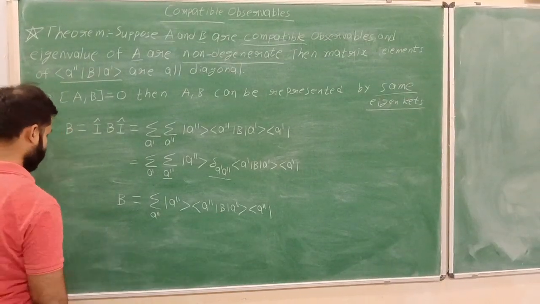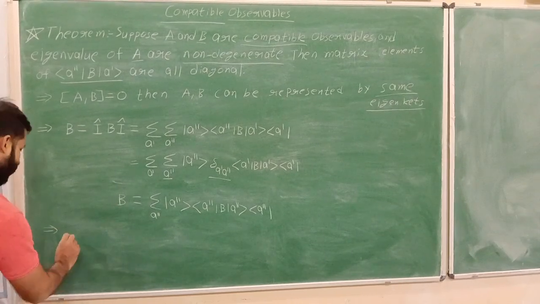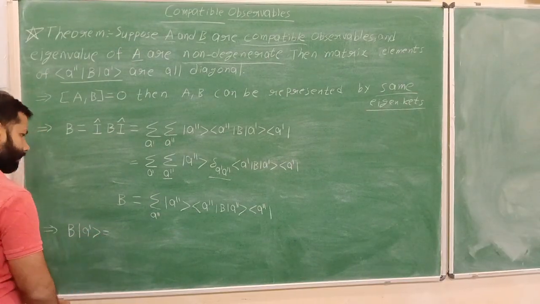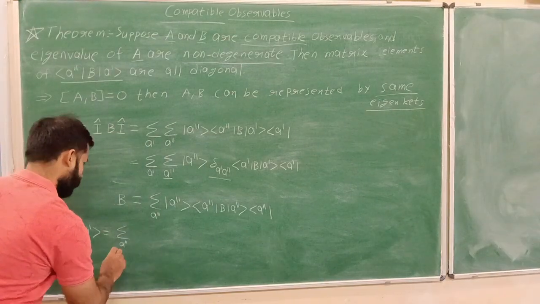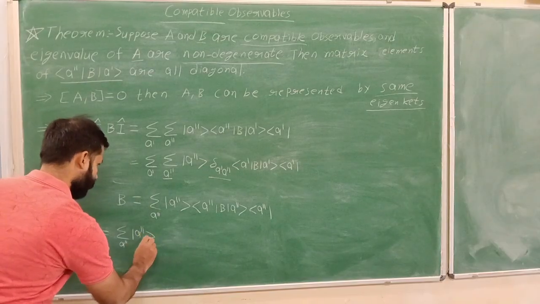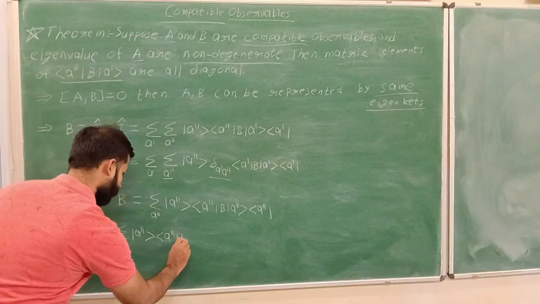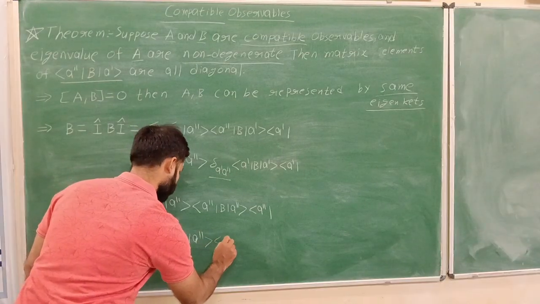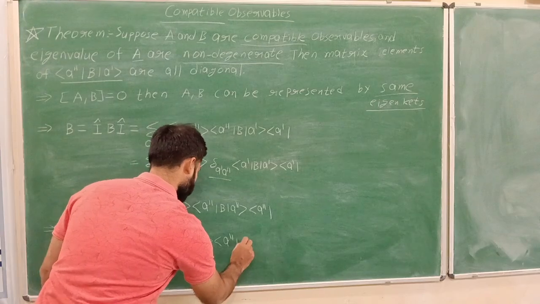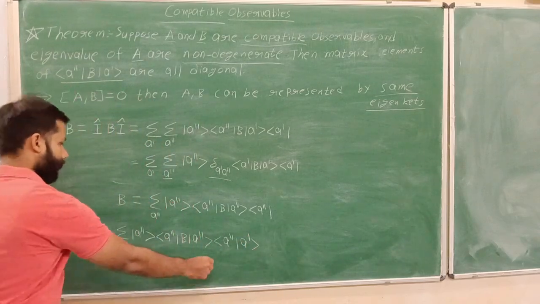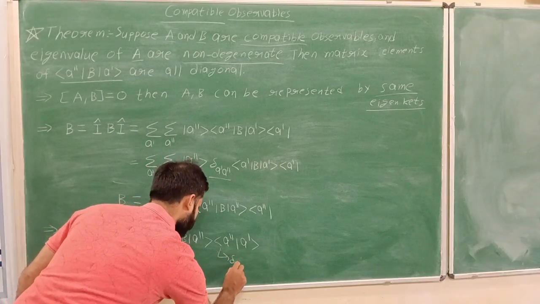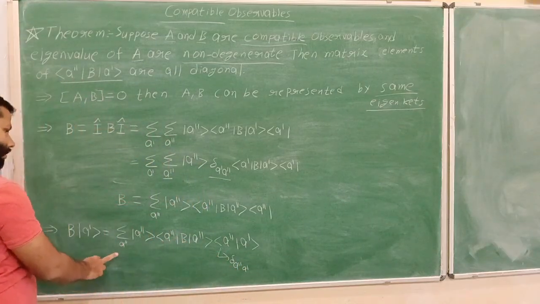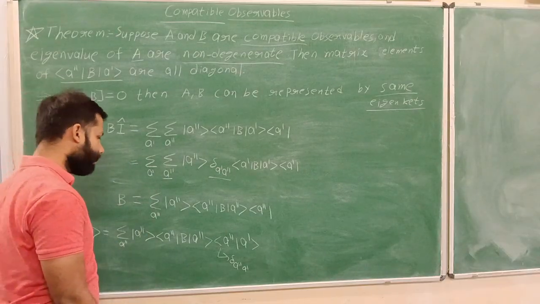Let's try to operate this on an eigenvector of A. This Kronecker delta will give this sum and make all of them, let's say, A prime.